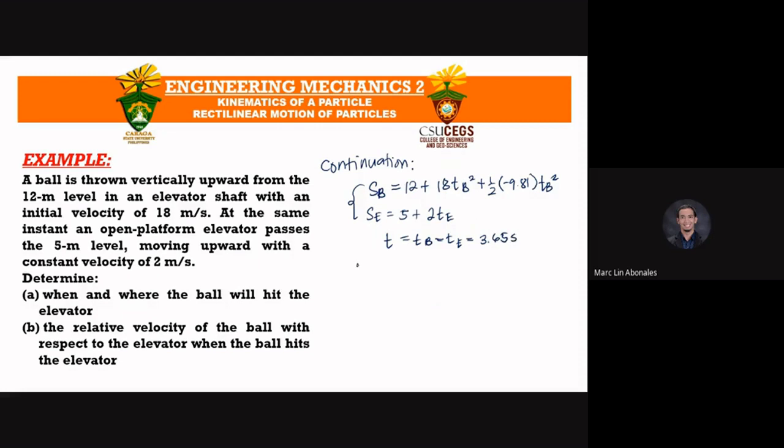So if I choose the second one, because it is easier, that would be 5 plus 2 times 3.65 seconds. So therefore, the final position of the two, which is SB and SE, since they are the same, is equal to 12.30 meters.